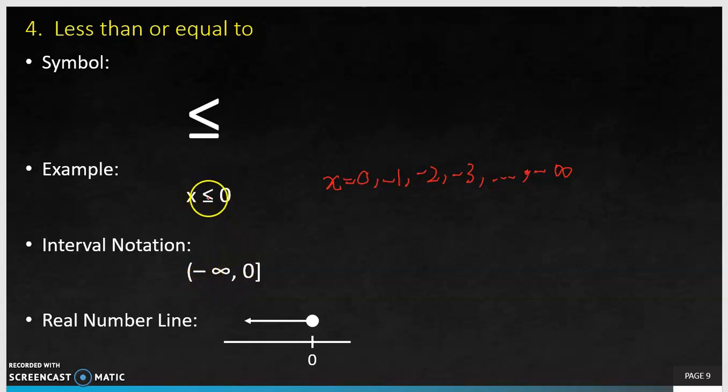The only difference now is that it is included. So for included, we are going to use square bracket, and here is the dot pointing to the left because the value is getting smaller and smaller. So this is some introduction for inequality symbols that you have to know because it is going to be used in solving linear inequalities, quadratic inequalities, and rational inequalities.